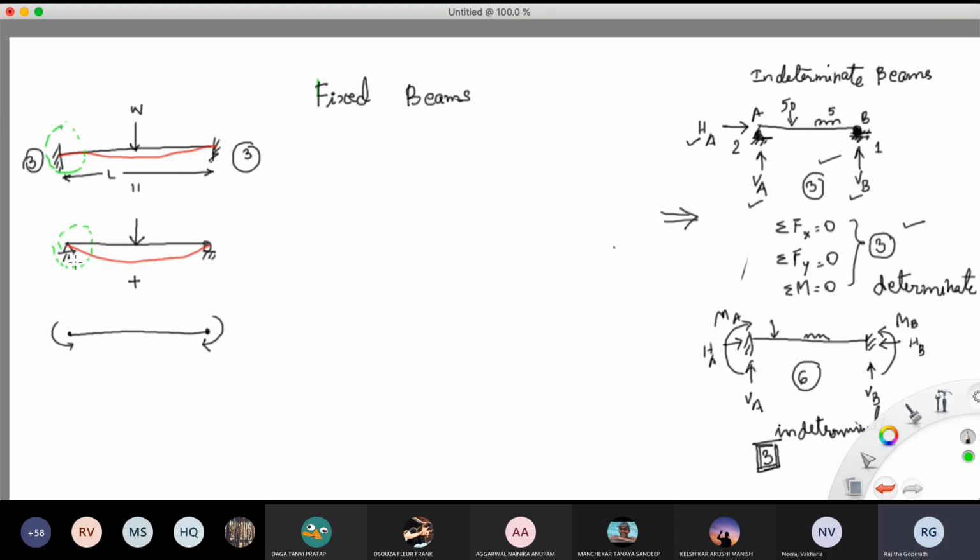Understood? Why is this deflecting in a very different way? Because the support conditions are very different from this one. This is a hinged support, and this is a fixed support. The amount of fixity is stopping the beam from bending, right? But here, what is it? This is a hinge joint.